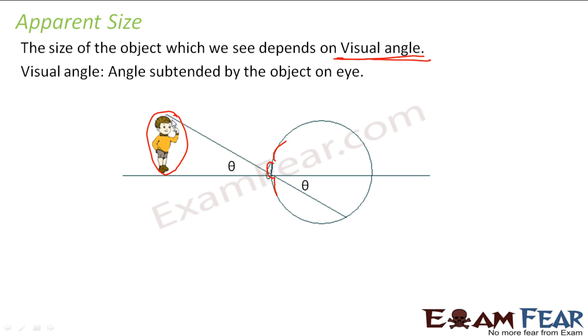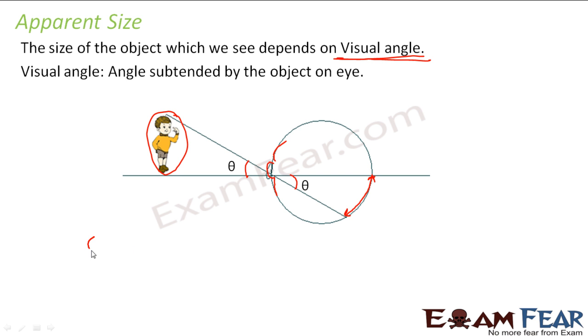Now the angle which this object subtends on the eye is theta. So what is the size of the object that is formed? In this case, this would be the size of the image, right? So the apparent size depends upon this angle theta. How? Let us see that.